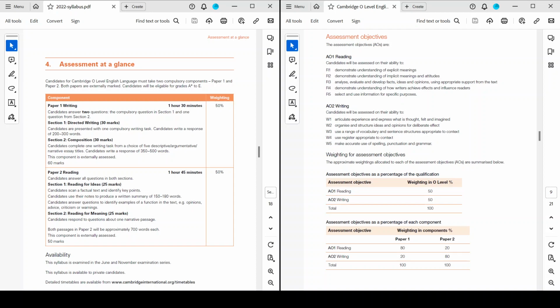And then the writing paper is obviously focused on the writing objectives, but there's a part for the reading objective as well. This is specifically for the directed writing task, which will have text to base the directed writing on.